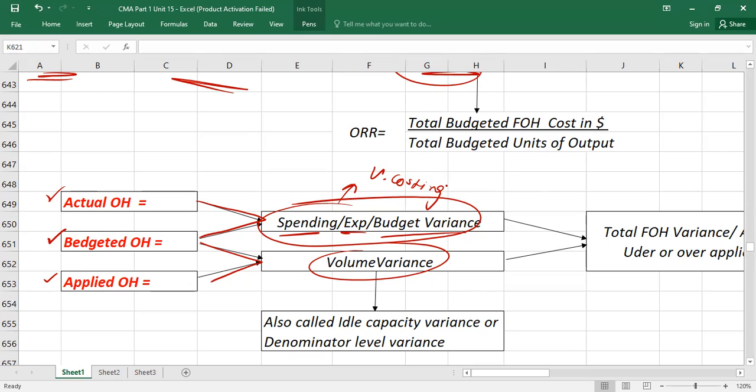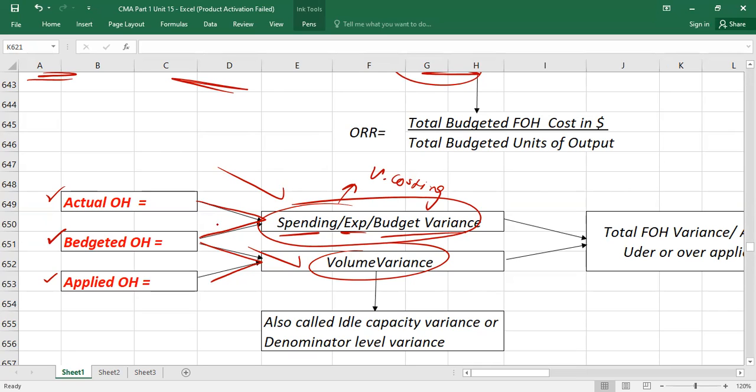And spending variance is the difference of actual overhead and budgeted overheads. But if he is telling you in the question that the company is applying absorption costing, then you will calculate two variances: spending variance and also volume variance.